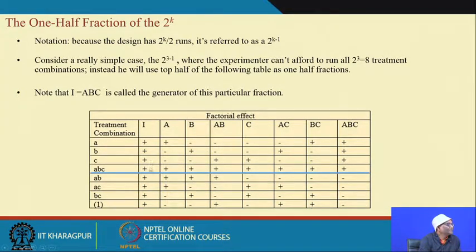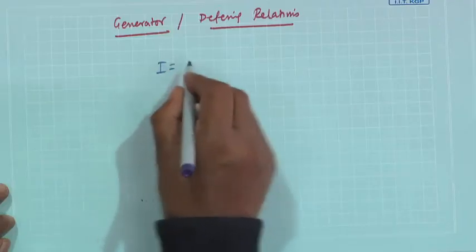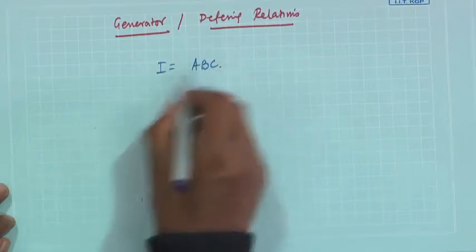And if you see this table, there is one column called I, and if you see the symbols in I and ABC, both are the same. Here plus plus plus plus, here plus plus plus plus in the first half. So, we can say I equal to ABC.